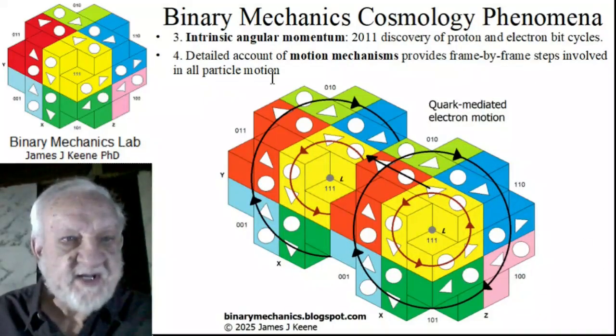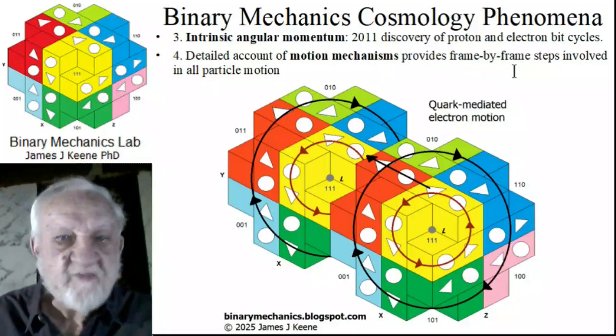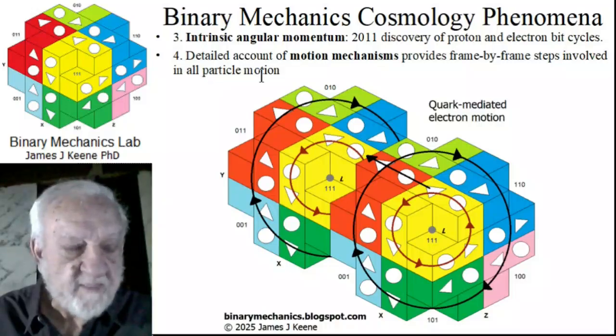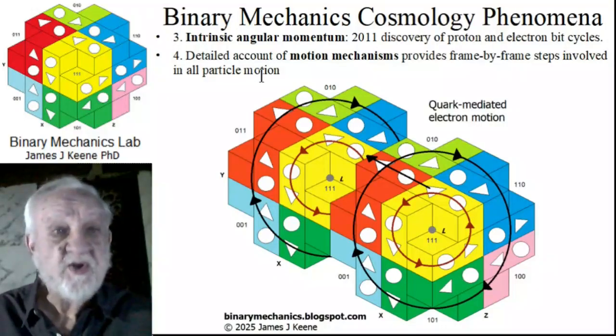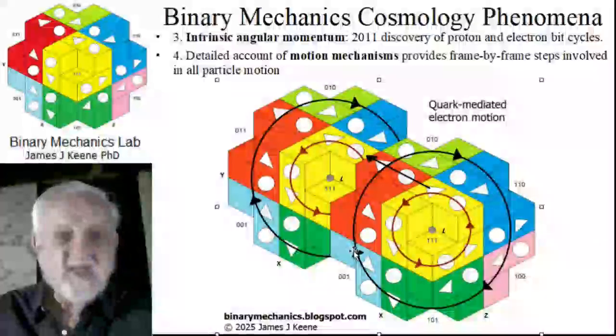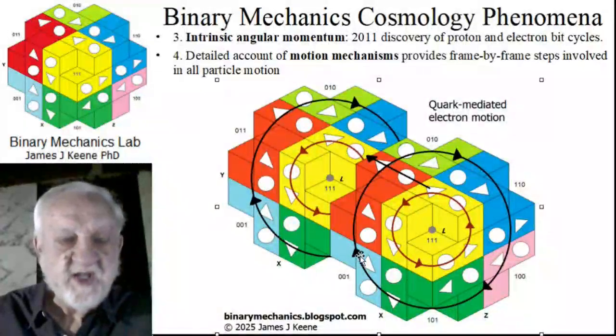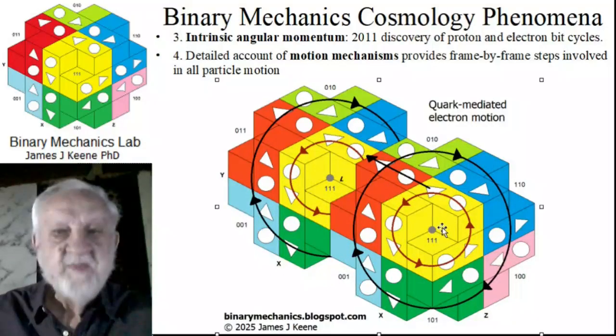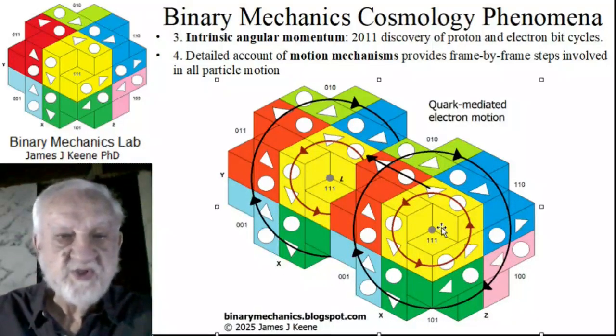Step 4, detailed account of motion mechanisms provides frame-by-frame steps involved in all particle motion. To build our universe, we need to know how particles move. An important discovery was the proton bit cycle, shown schematically by this larger circle, which rotates around the same axis in the center, which connects the electron spot with the positron spot on the other side.